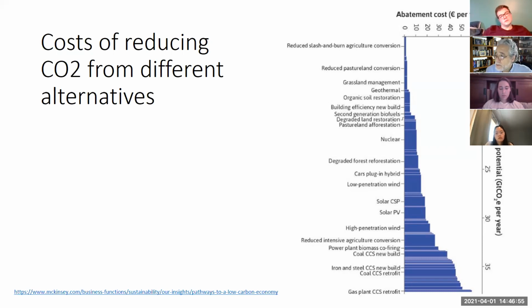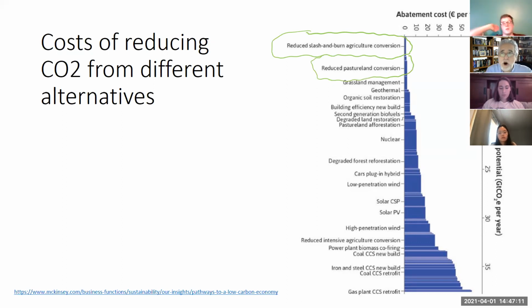But you can see here that, for example, in the case of reducing deforestation or reducing pasture land conversion, it is quite cheap to avoid in euros equivalent per ton of CO2 emitted, as compared to very expensive cases, which would be to refurbish or restructure coal power plants, retrofitting certain production of energy, which is quite expensive there.